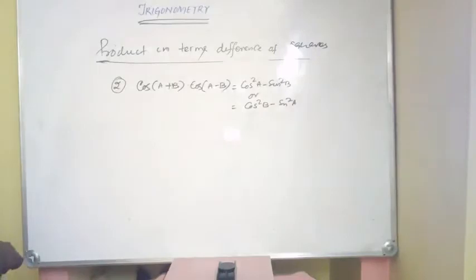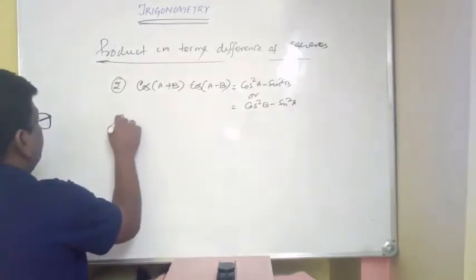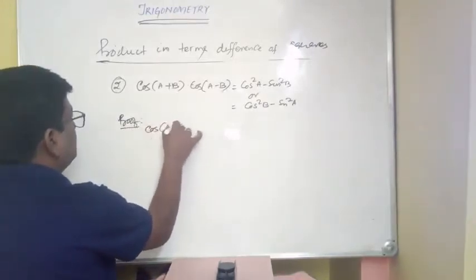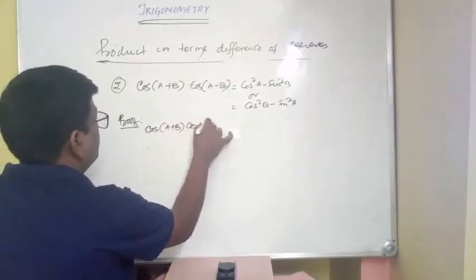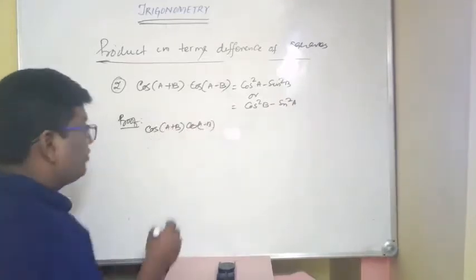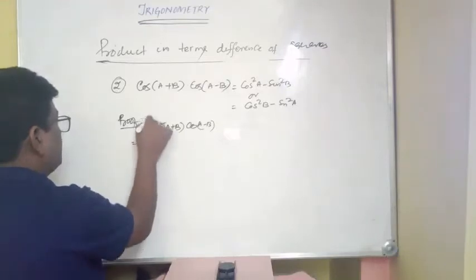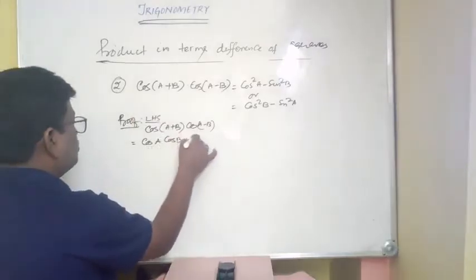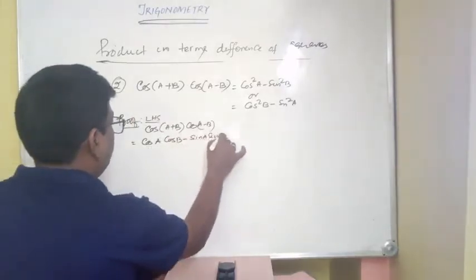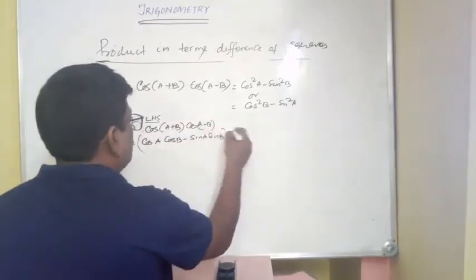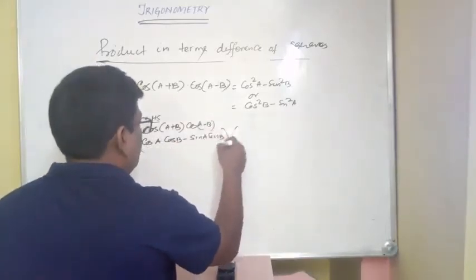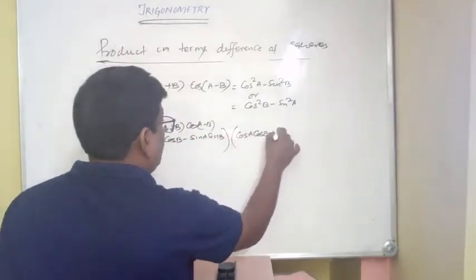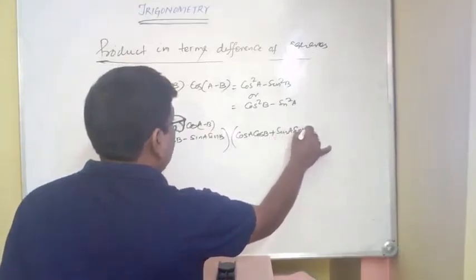Proof. Cos(A+B) into cos(A−B). Apply the formula. This is the left hand side. Cos A cos B minus sin A sin B, and the other cos(A−B) formula, that is cos A cos B plus sin A sin B. Clear?